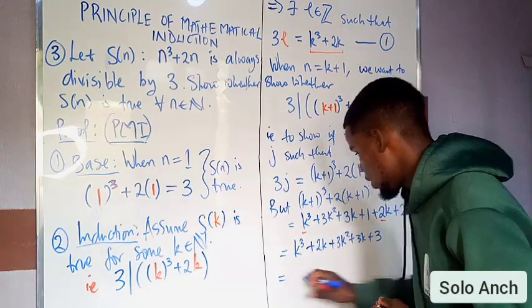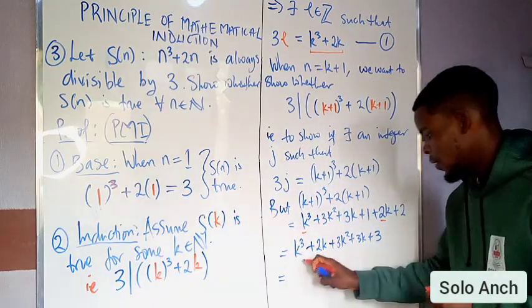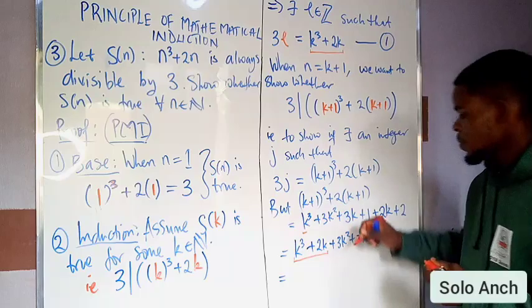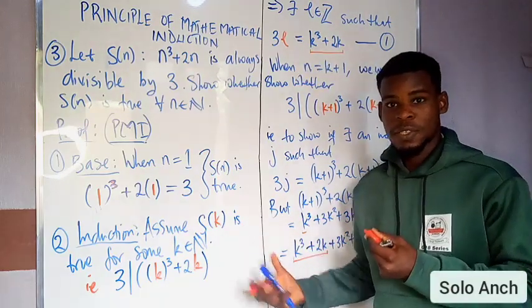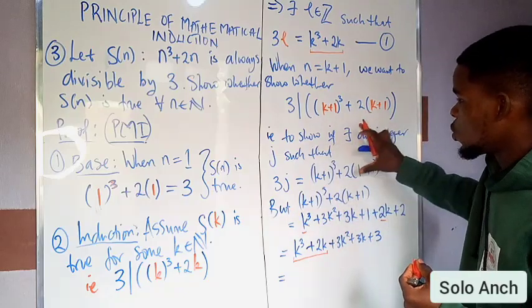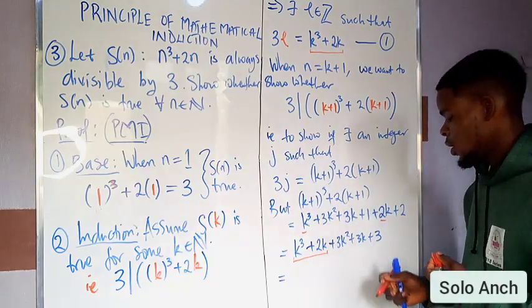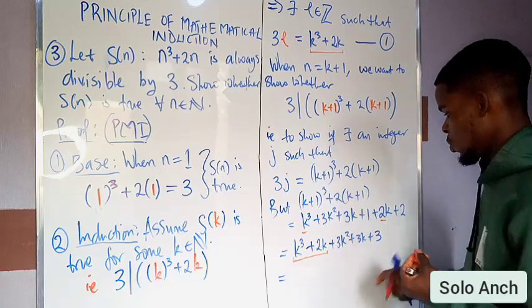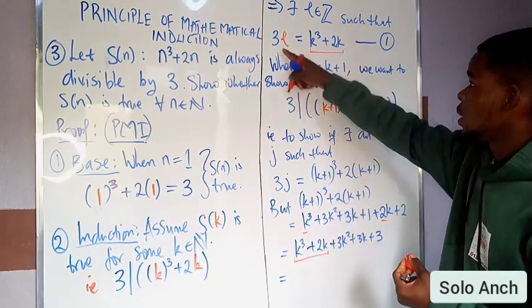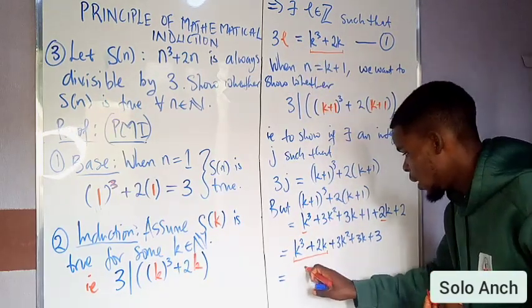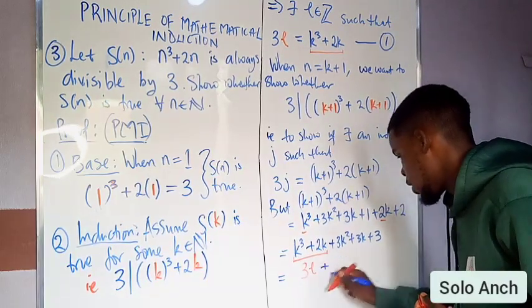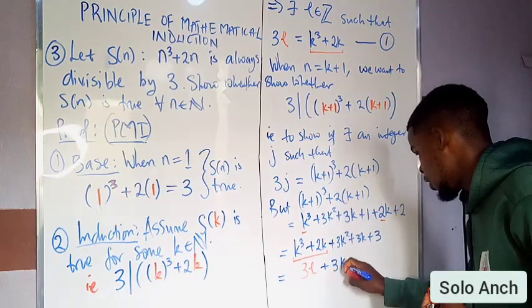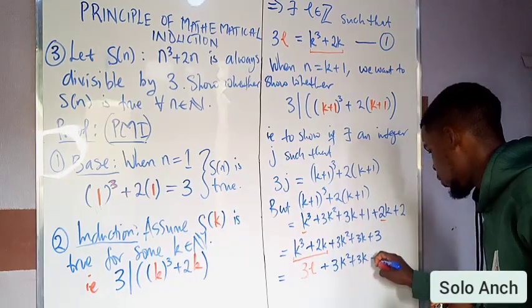Good. So you notice that from equation 1, k cubed plus 2k was given to be 3l. So we always make use of the assumption to show that the successor case will be true. So from equation 1, we're going to put in 3l in place of k cubed plus 2k. Then we add it with the remaining part, which is 3k squared plus 3k plus 3.